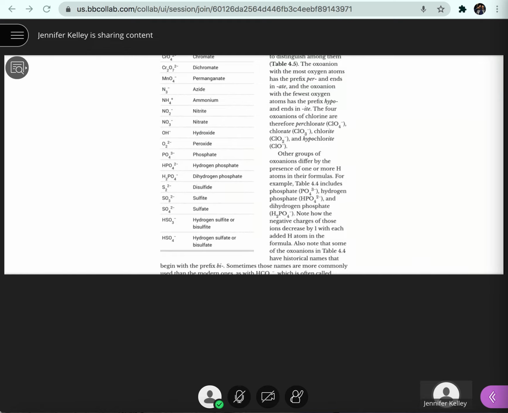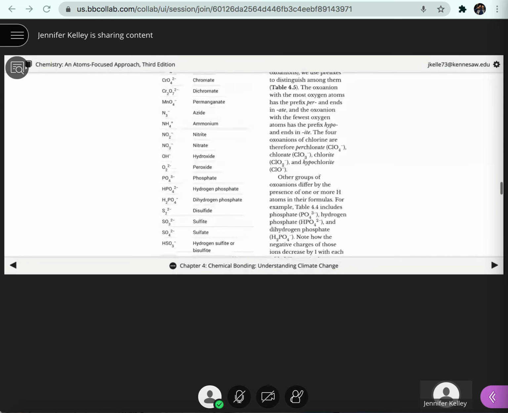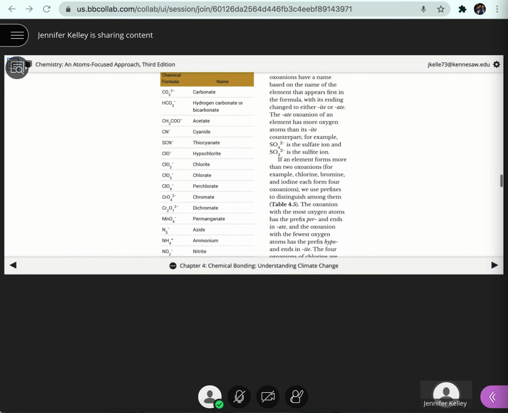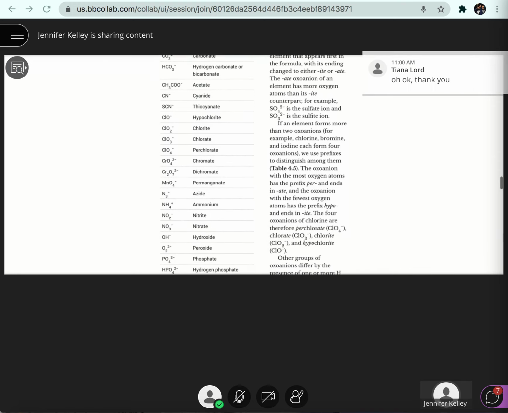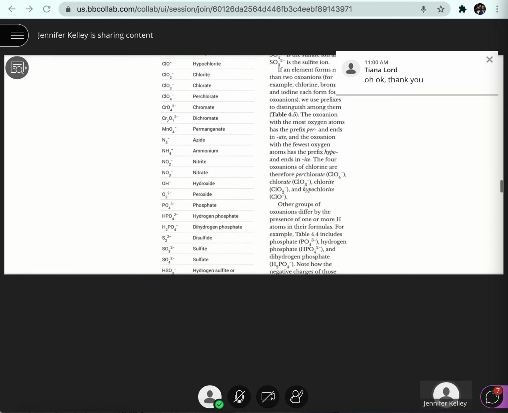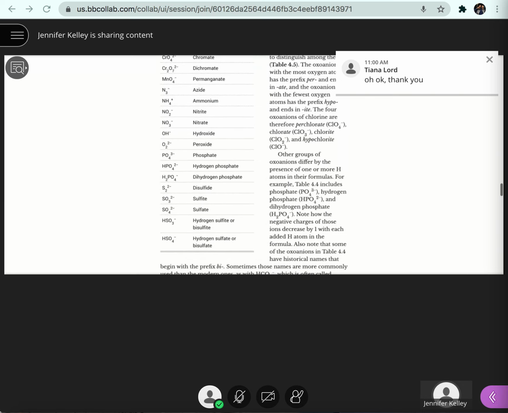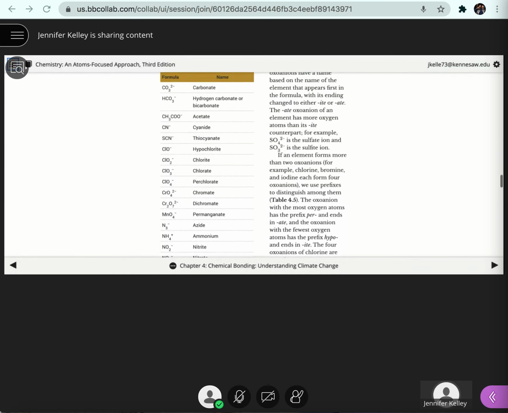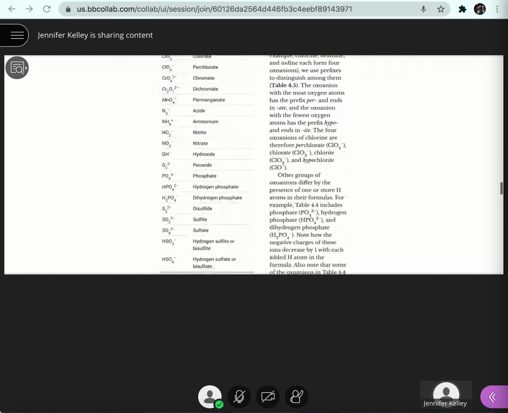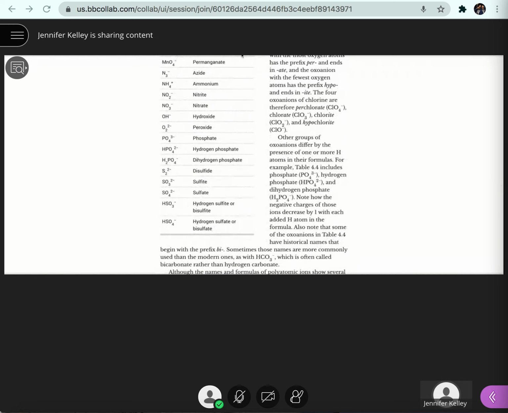But if you memorize this table here, you should pretty much have everything you need. Let me see if there's anything missing. Ammonium is there. Chlorate, perchlorate. I think that's pretty much everything. You're welcome.